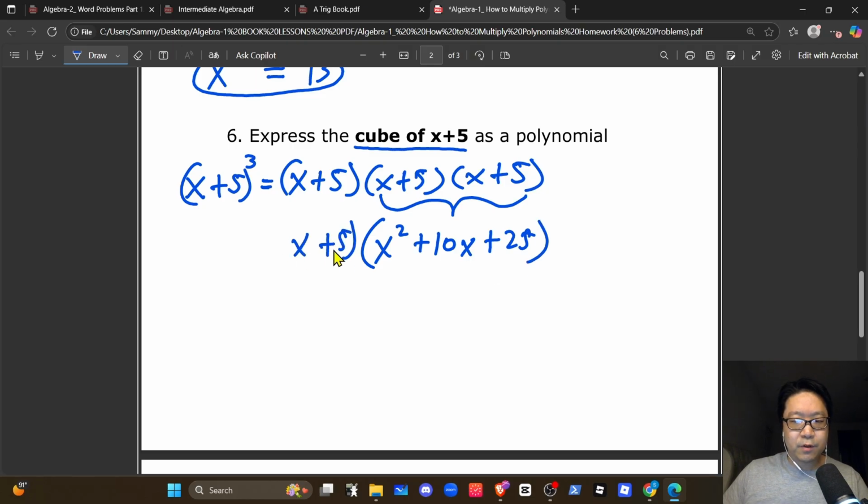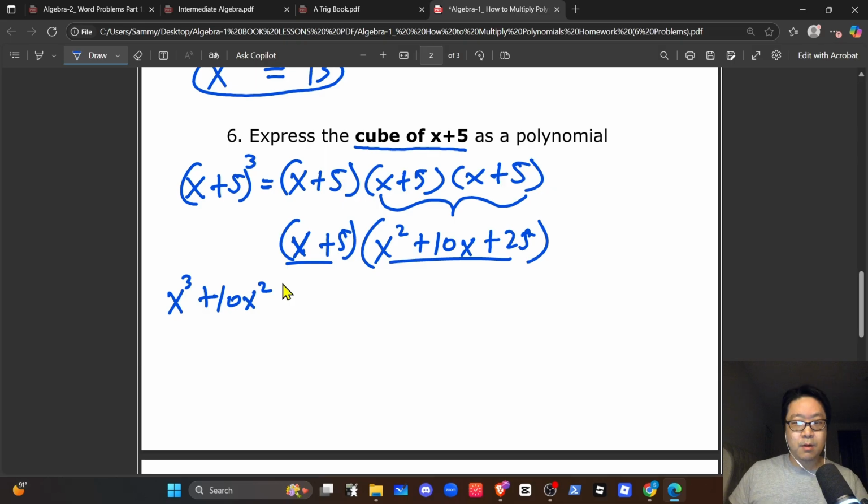And then all we have to do is multiply this polynomial by x plus 5. Okay? So x and x squared is x to the third power. And then we have x and 10x is 10x squared. x and 25 is 25x.